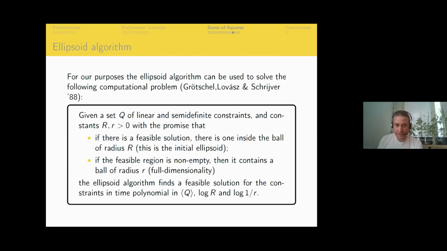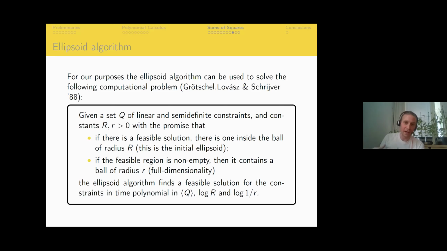Given a set Q of linear and semi-definite constraints, some constants big R and small r, with the promise that if there is a feasible solution, it is inside the ball of radius big R. So this is the initial ellipsoid, basically the starting point. And if the feasible region is non-empty, then it contains a small ball of radius r. So this is the stopping condition.